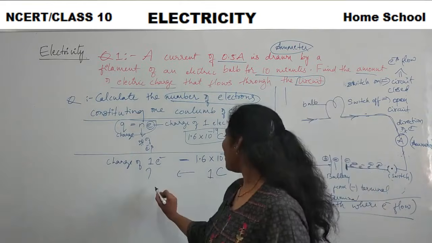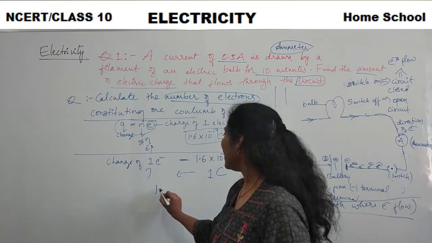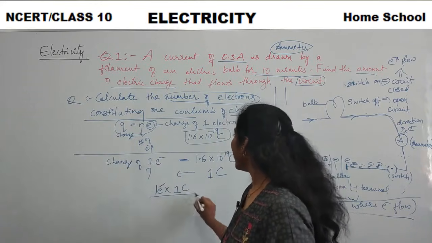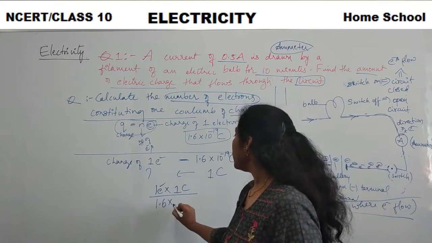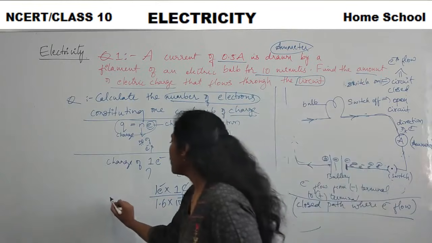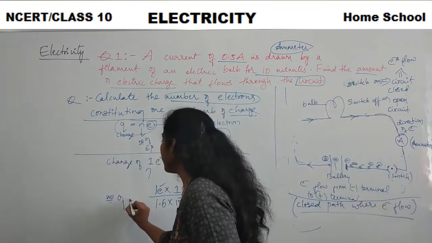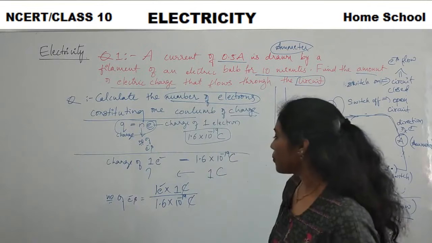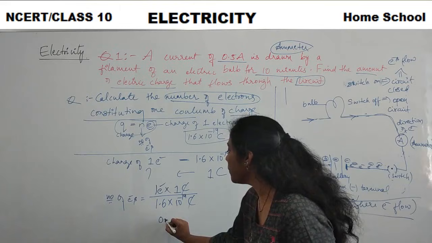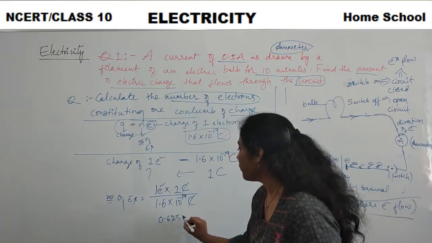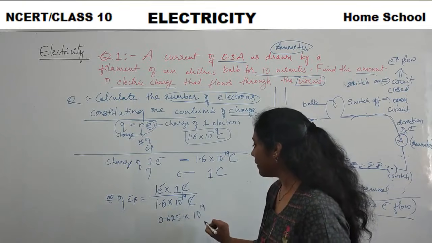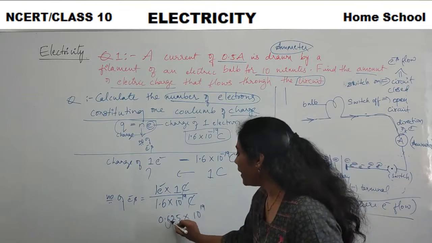Cross multiply. How do you do? 1 electron into 1 coulomb divided by 1.6 into 10 to the power of minus 19 coulomb. Coulomb gets cancelled. So I am calculating number of electrons, right? 1 divided by 1.6 is 0.625 into, if it goes to the numerator, 10 to the power of 19. And this decimal point I'll shift here.